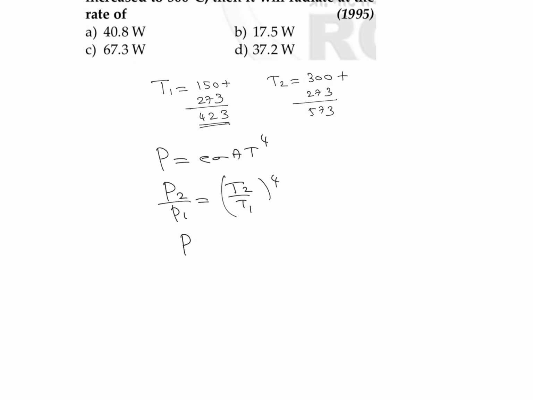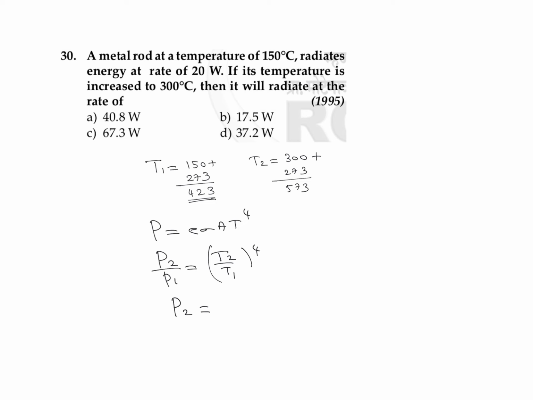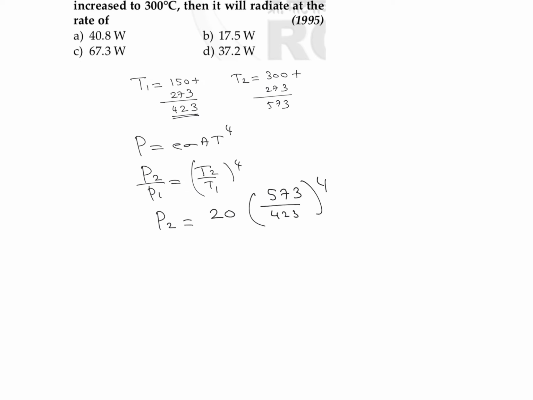So the value of P2 can be written as P1, which is given as 20, into T2, which is 573, over T1, which is 423, raised to 4.